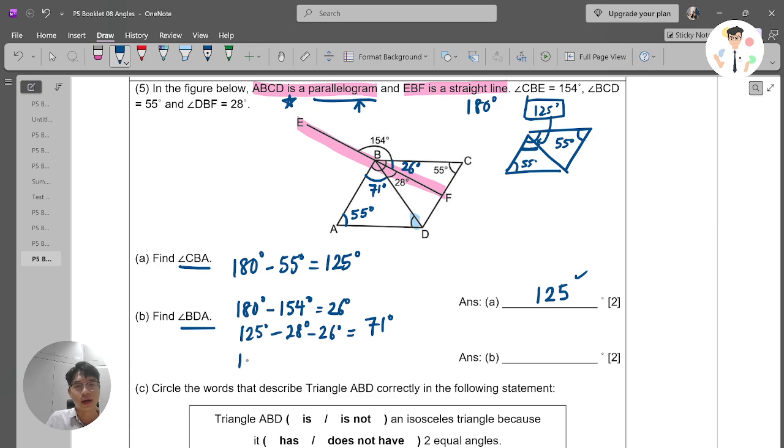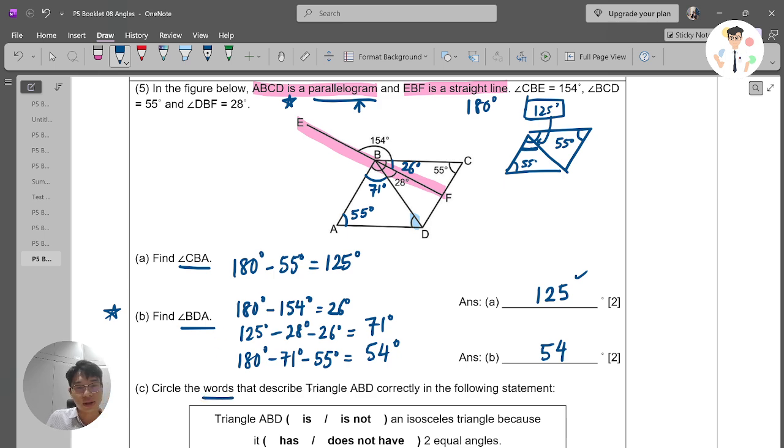So I'll just use what? 180 minus 71 minus 55. Then that will be the angle D here, which is 54 degrees. Okay? So question B is actually a bit of a trick, okay? Where it tricks you to divide by 2, which is actually wrong.